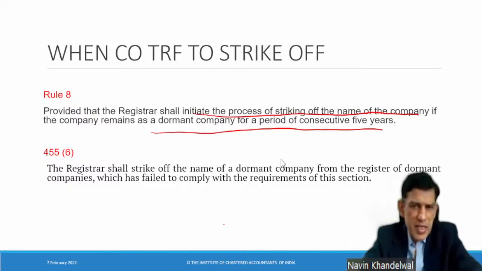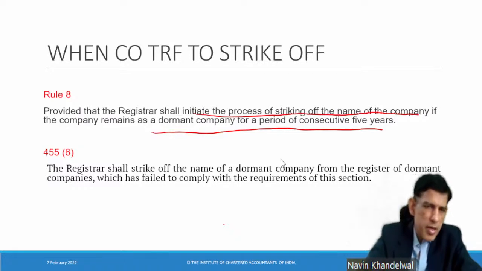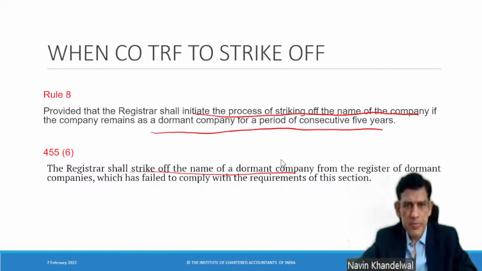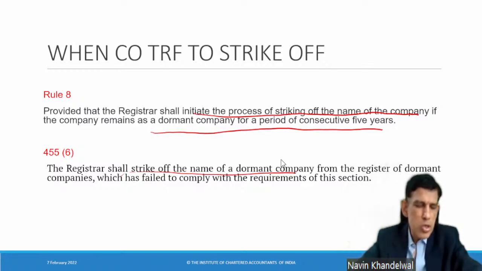See, 445(6) is striking of the name of a dormant company from the registrar, okay, I got the point. It does not mean striking off from the register of the companies. It means that you may classify the company as an active company.